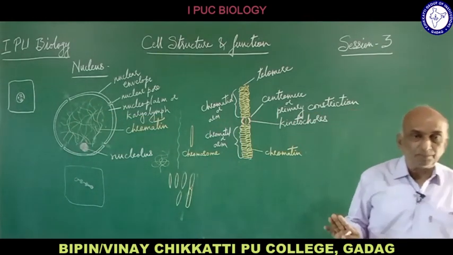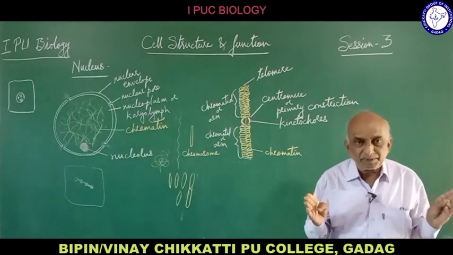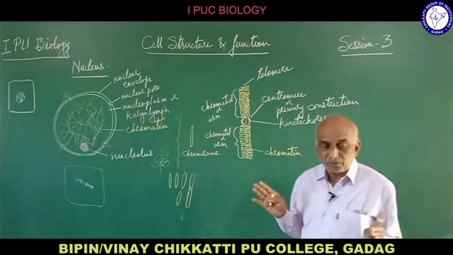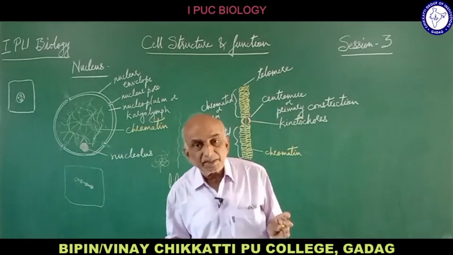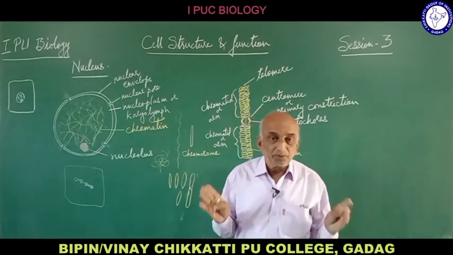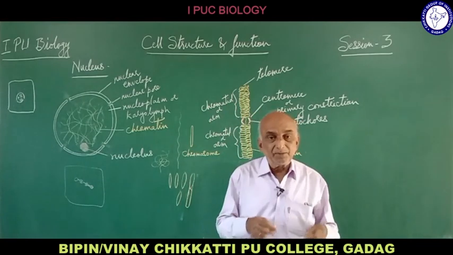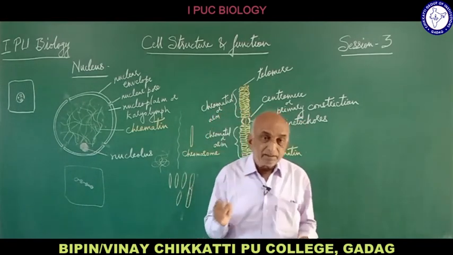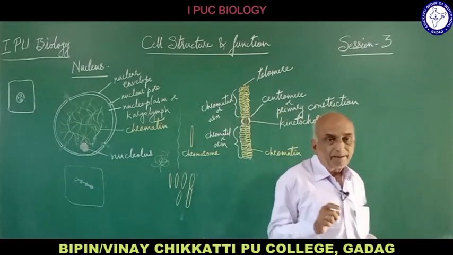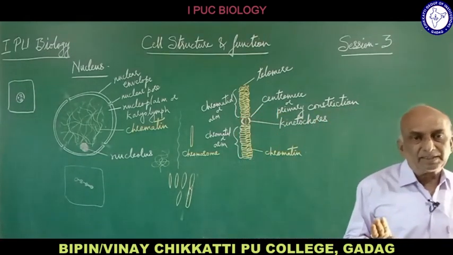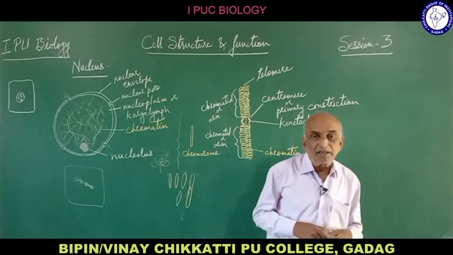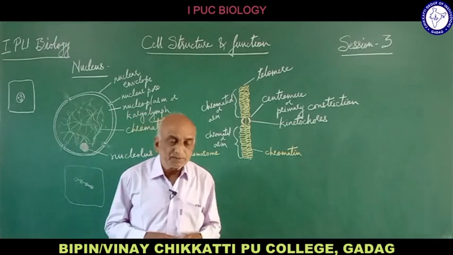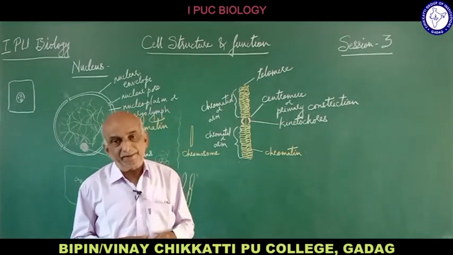Whatever DNA, histones and non-histones are present in the chromatin are the same. But the chromatin, which was very long, fine, transparent and thin, gets condensed. The shape only changes, forming a rod-like or cylindrical structure called chromosomes. So chromosomes are the condensed structures of chromatin.